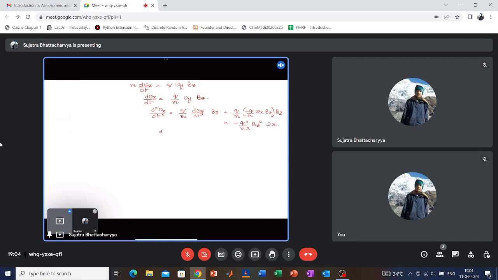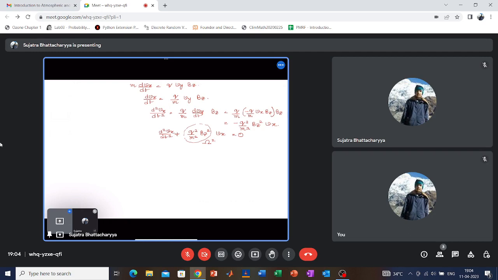So ultimately we are getting d2Vx/dt2 plus q square by m square Bz square Vx should be equal to 0, which is a very well known differential equation, and we call this particular thing omega square. This is actually the cyclotron frequency, right?